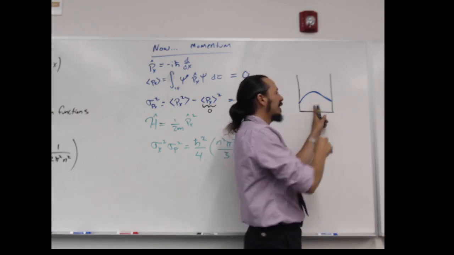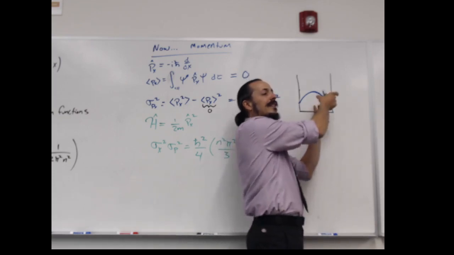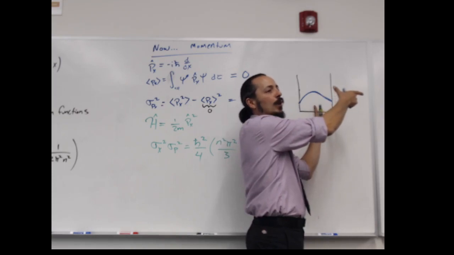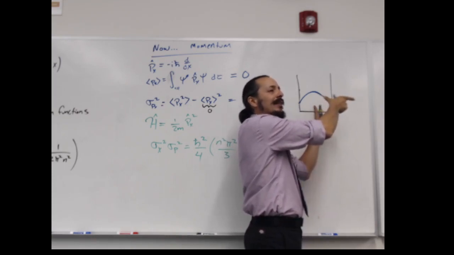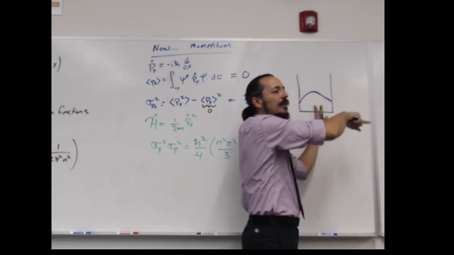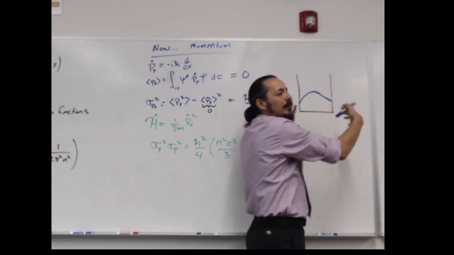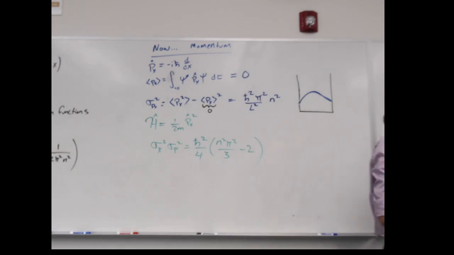But if the box gets bigger, this function is the same shape and it just gets spread out more and more and more. So that spread, that variance gets bigger as the box gets bigger because the function still looks the same. It still arcs in the same way, but it just gets bigger. And then the smaller the n is, the bigger the value you're subtracting, which makes the variance smaller. Yes.